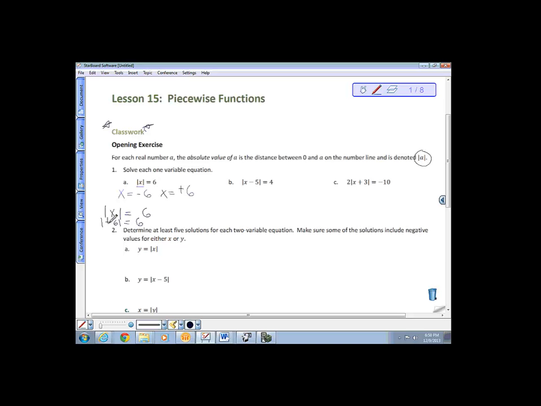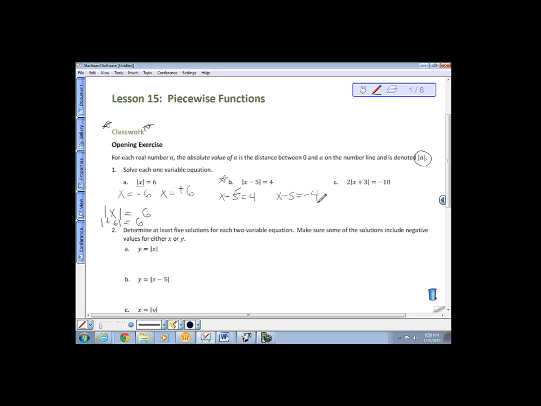That's a really important point because we're going to use that same concept to solve B and C, which are a little more complicated. So let's take a look at B here. We have the absolute value of x minus 5 equals 4. To solve that, I need to solve x minus 5 equals 4, and then I have to solve x minus 5 equals -4.